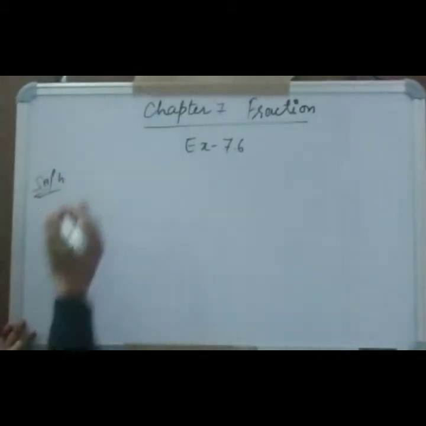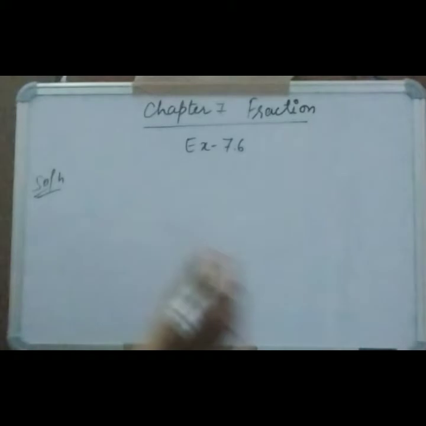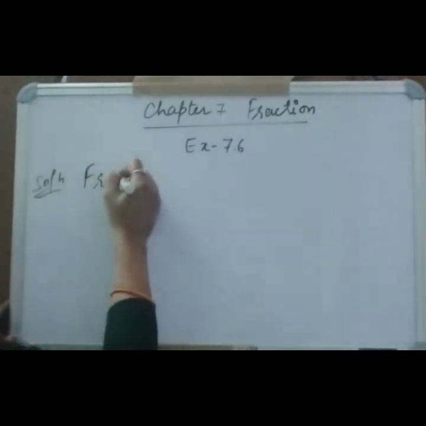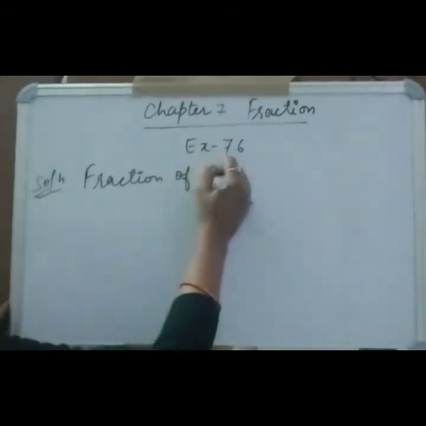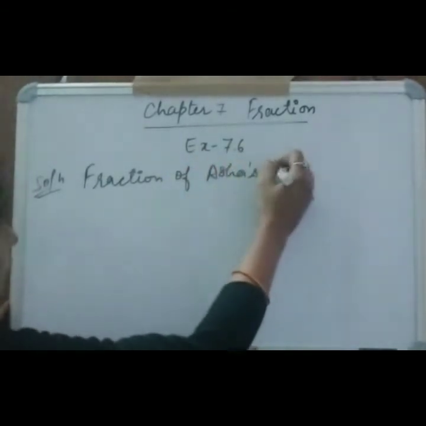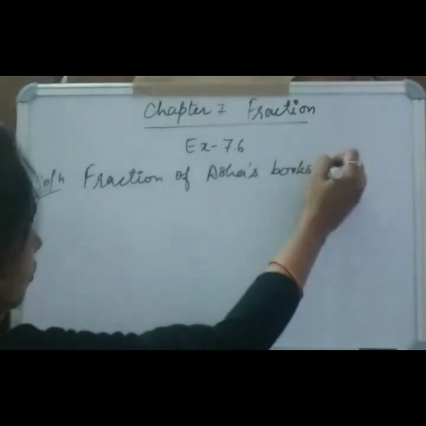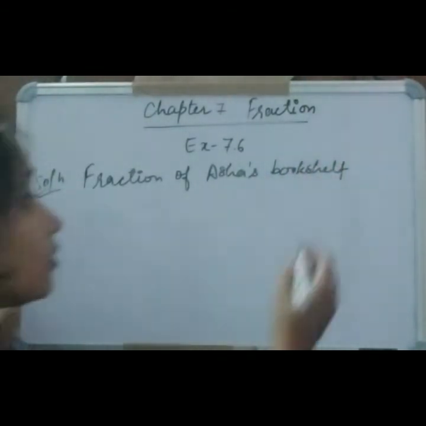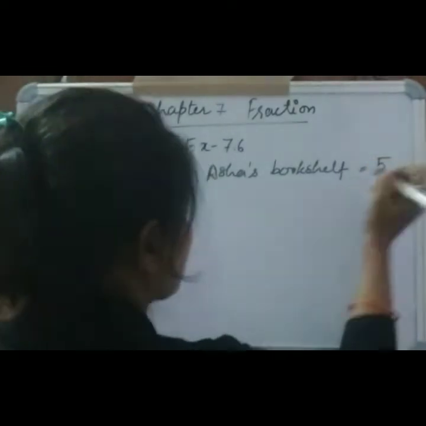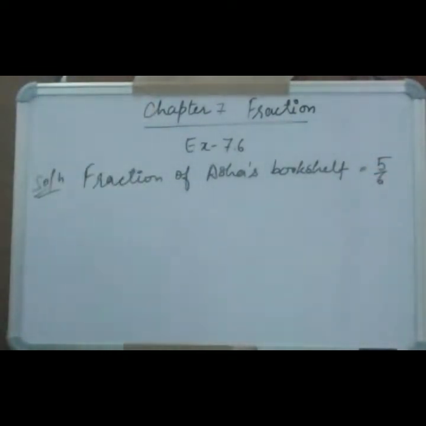First we will write down the fraction of Asha's bookshelf. How much is it? 5 by 6.